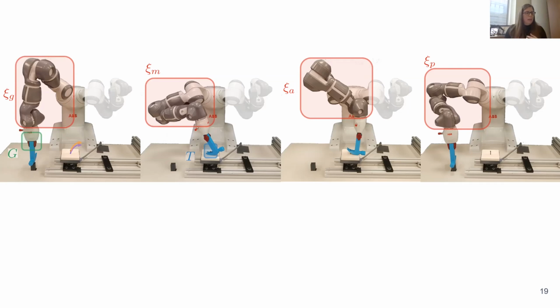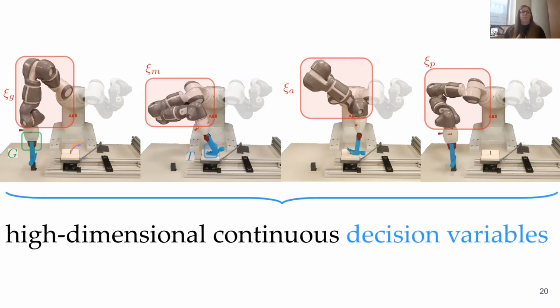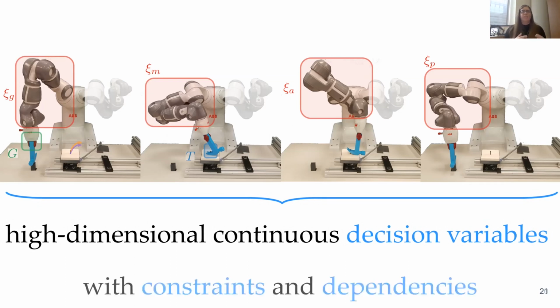So the things that the robot needs to solve for are decision variables, and they're high dimensional continuous decision variables. Each of these decision variables has a series of constraints, some of which are force related, some of which are motion related, and all of these constraints and decision variables have dependencies between them. So what we're going to do is map out what those decision variables, constraints, and dependencies are.